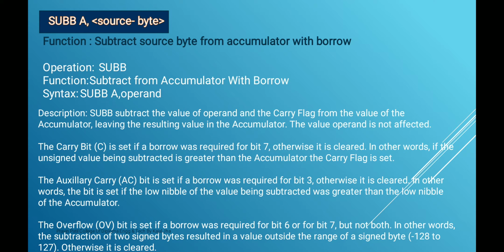In other words, the subtraction of two signed bytes resulted in a value outside the range of the signed byte, which ranges from minus 128 to plus 127. Otherwise it is clear. If the value is within that range it is cleared, and if it is not within the range, then it is set.